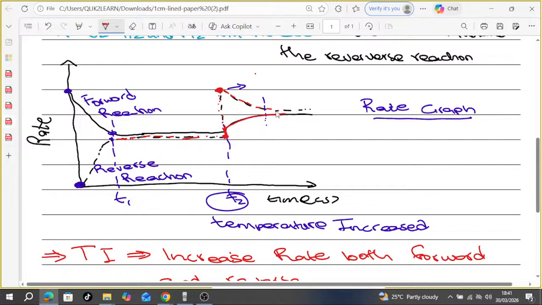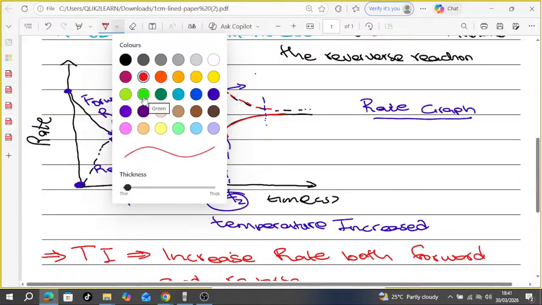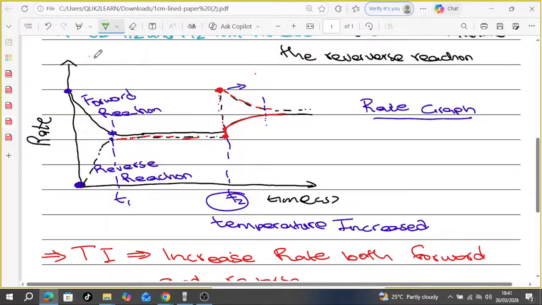Nice. I thought you were going to give me problems when I explain this concept, but now you get it. Let's try this again. The reverse reaction was below again. We were creating more products at first, right? Then at this point, we increased temperature.